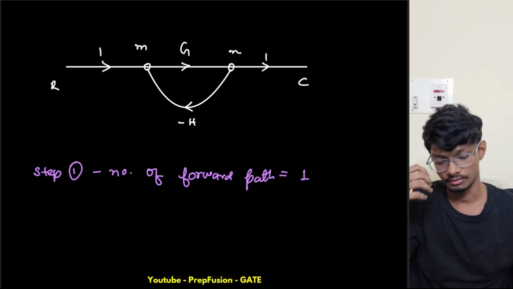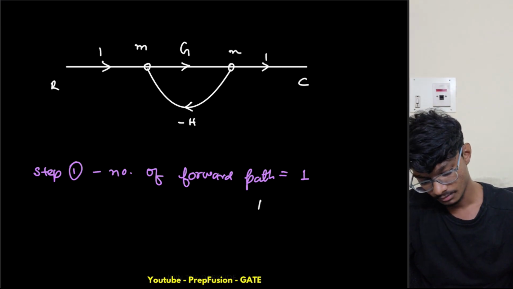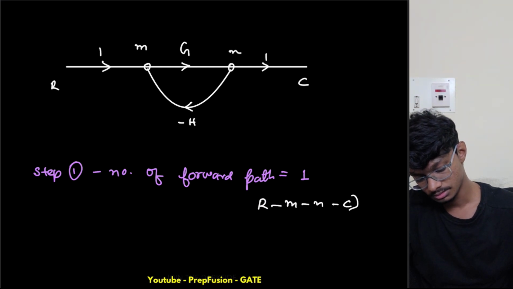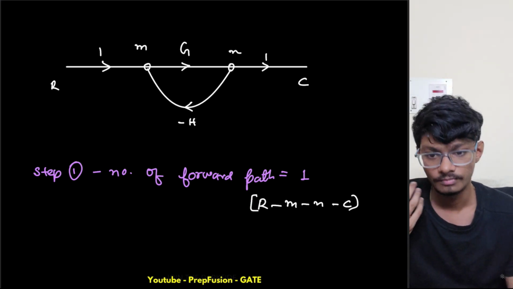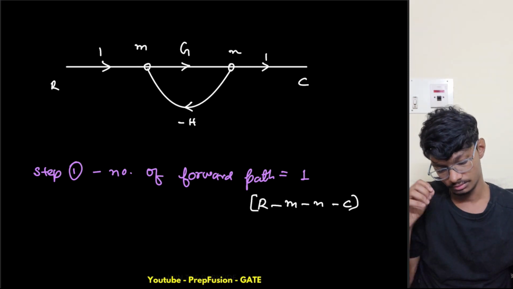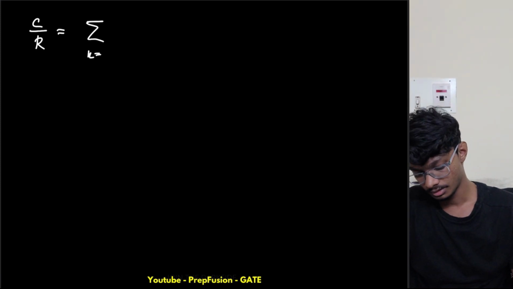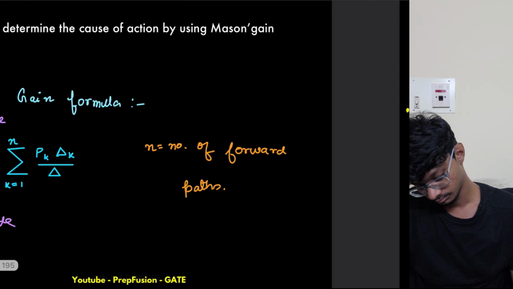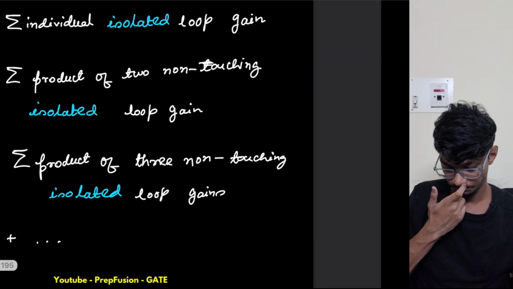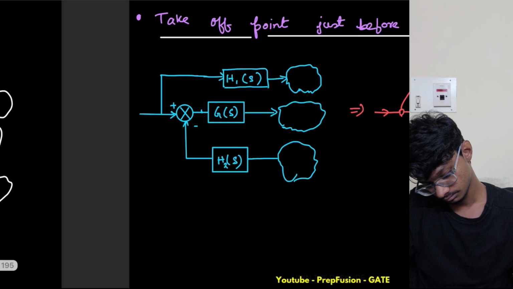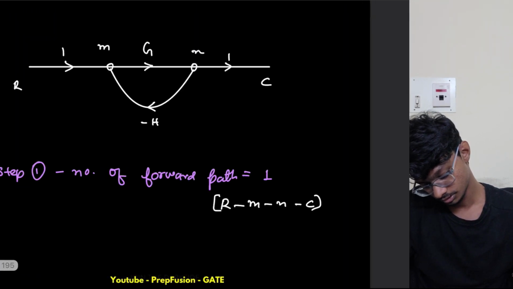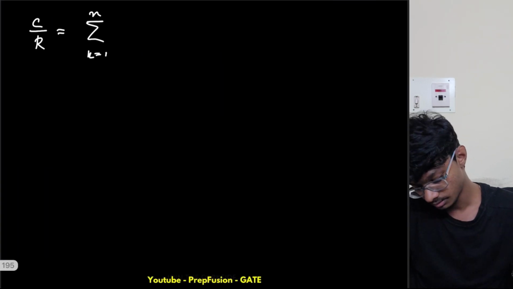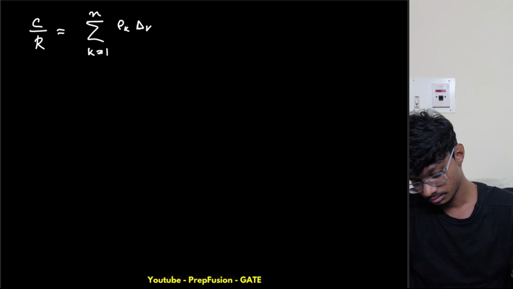So what is the forward path? It is R, M, N and C. Let's write the C by R. This time C by R is the summation of k equals 1 to n, of pk delta k by delta.